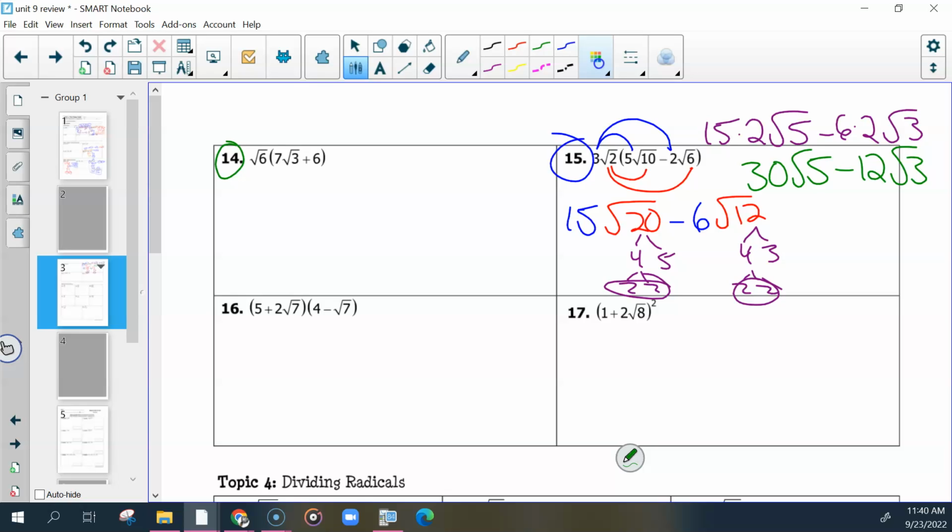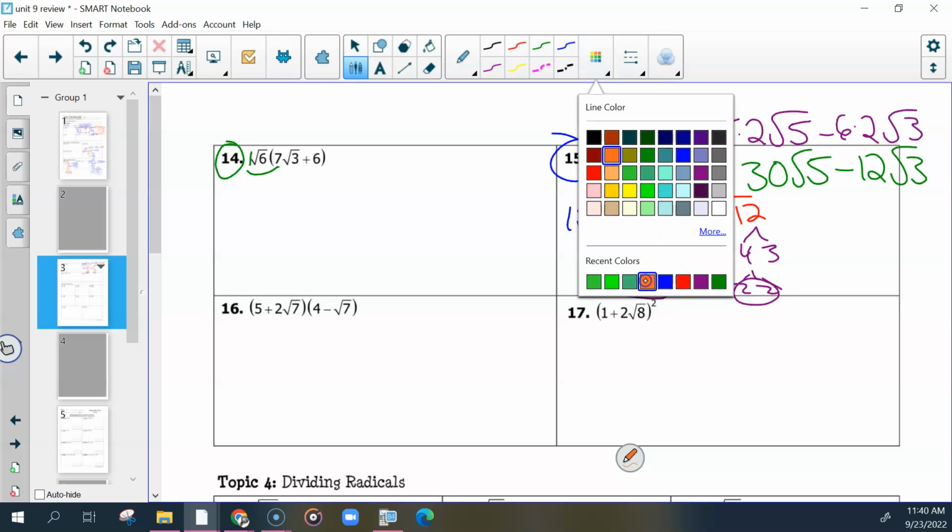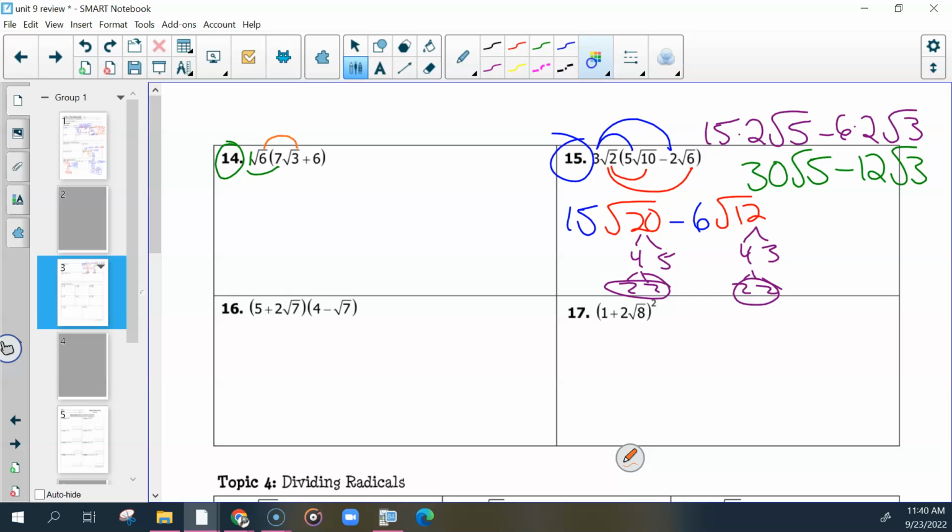But here you have an outside thing that would be 1, so you're multiplying outside things together and inside things together. For this one, you don't have an inside, so the only thing you're multiplying is the outside.